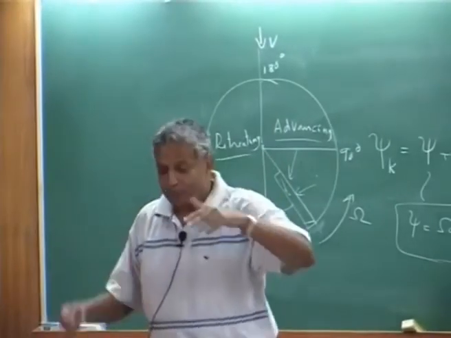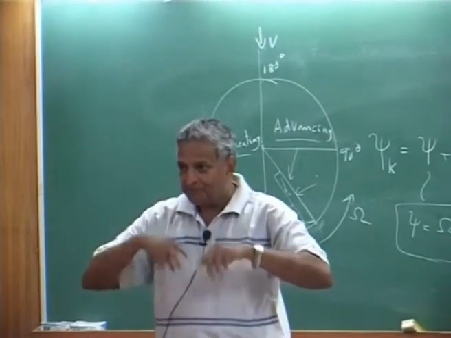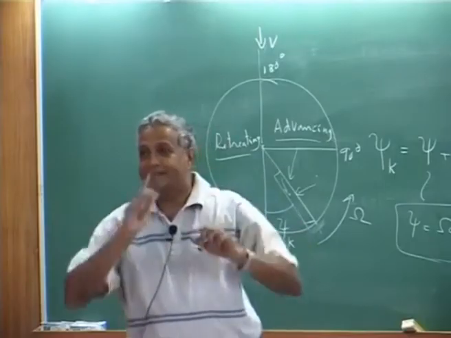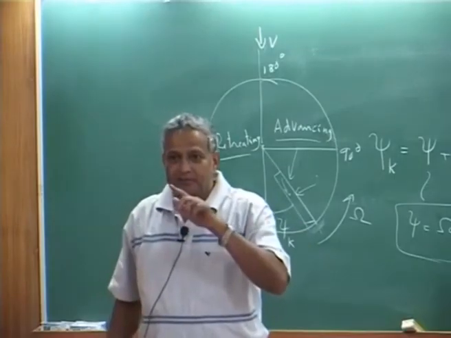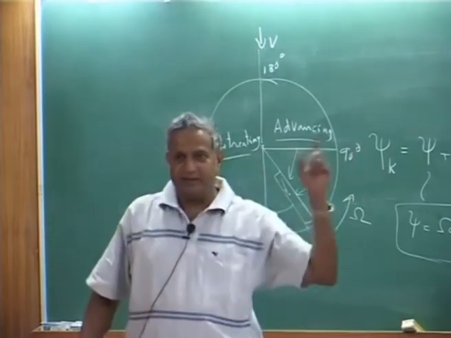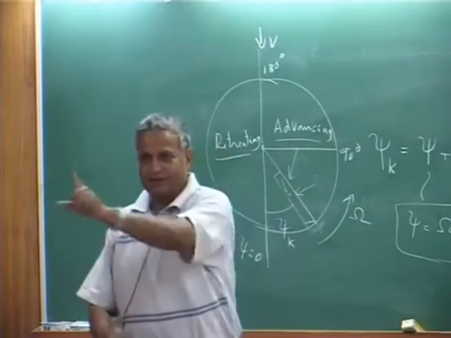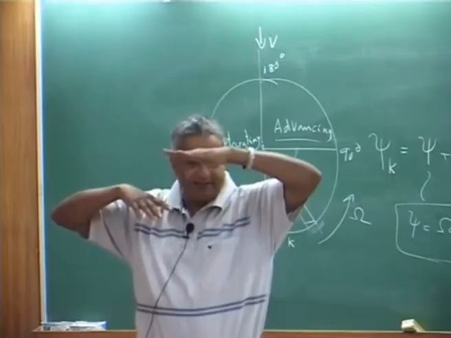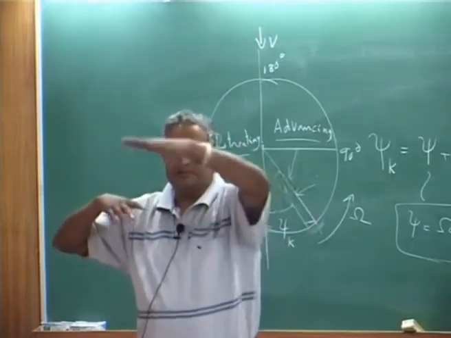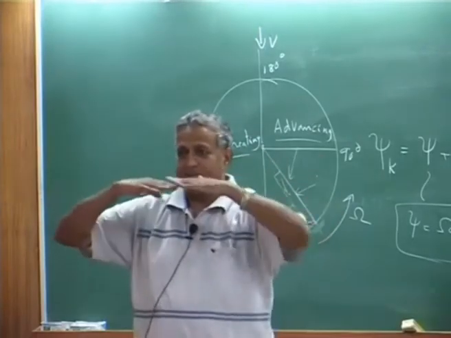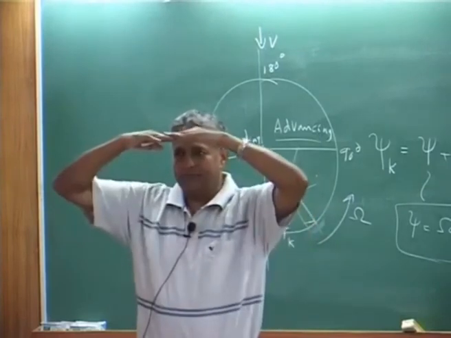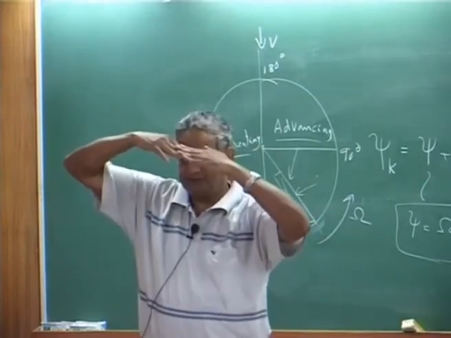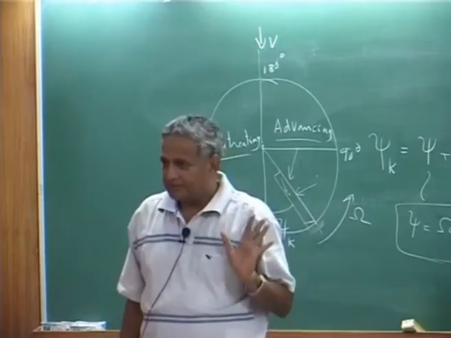In the sense you are outside, you are looking at the tip path plane, because all the blades are going round and round. The tip path plane of the rotor disc is like a circular disc. How is the circular disc? Circular disc can go up, it can tilt. Okay.